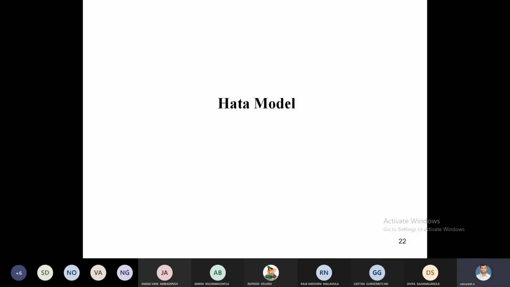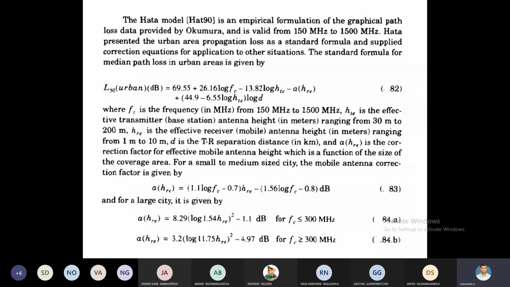Now we are going to see what is meant by AHRE. Here AHRE is the correction factor of the mobile antenna height. Suppose now I am sitting inside the home. I am not getting the signal. Right now I am moving to the top of the building. Suppose the building height is 30 meters.